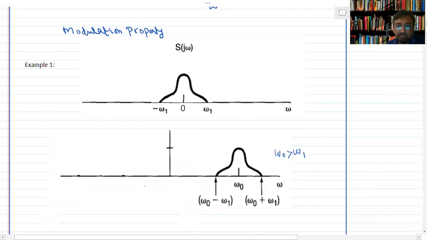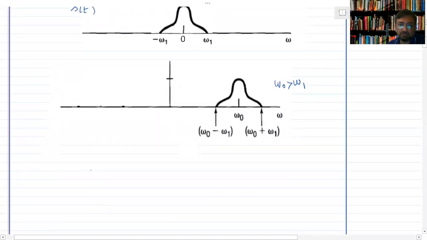So here we can apply the multiplication property. Let's say s(t) is this time domain signal. To achieve this modulation, we can multiply s(t) with another signal p(t).